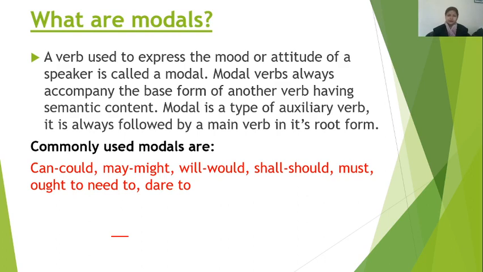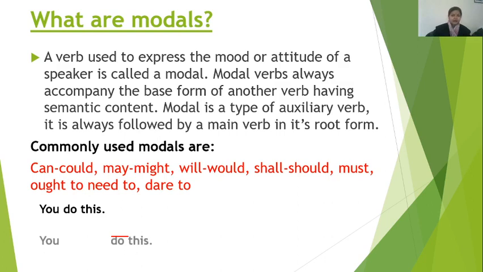Now let's try to understand it with the help of an example. Suppose my sentence is you do this. Here the sentence has no modal. It has only the verb do. Now I want to use one modal in this. So, as I told you, modals always take one main verb in its root form.